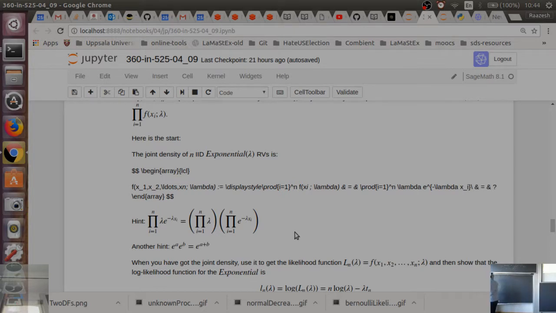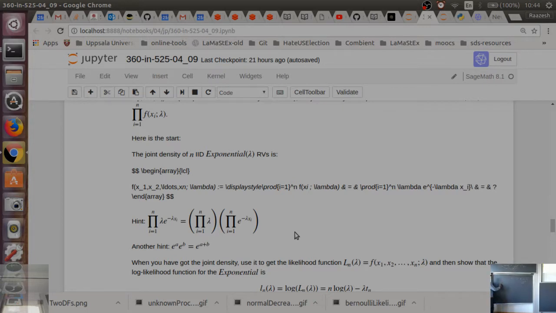We have n observations, coming from f of x; lambda, where this is simply lambda e to the minus lambda x.